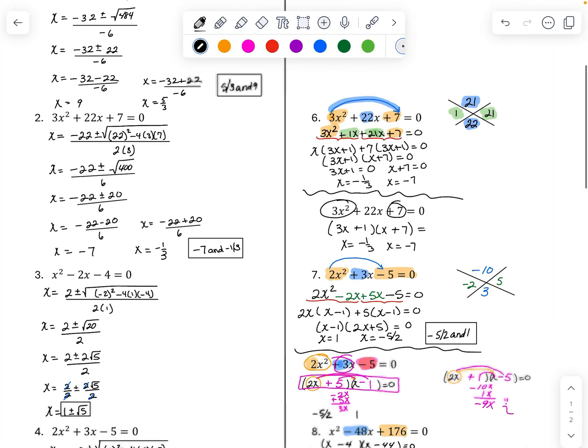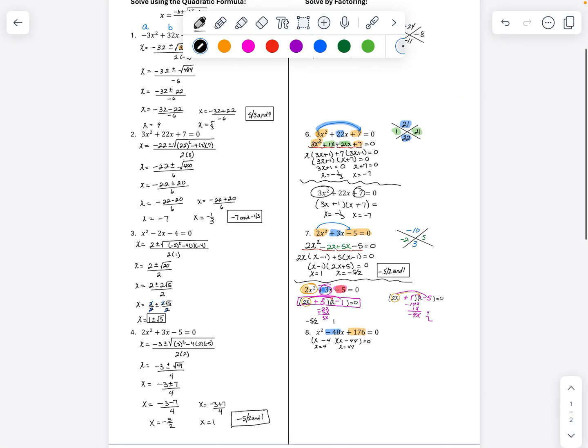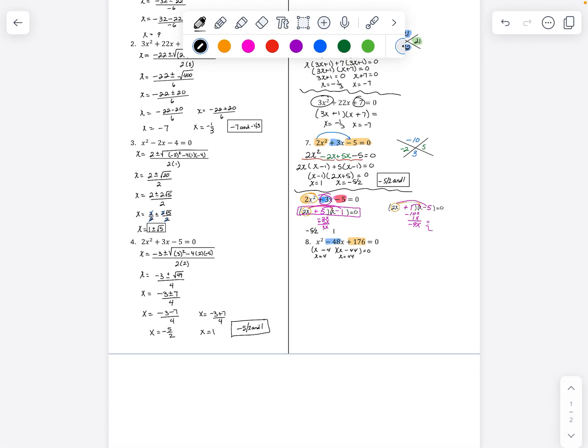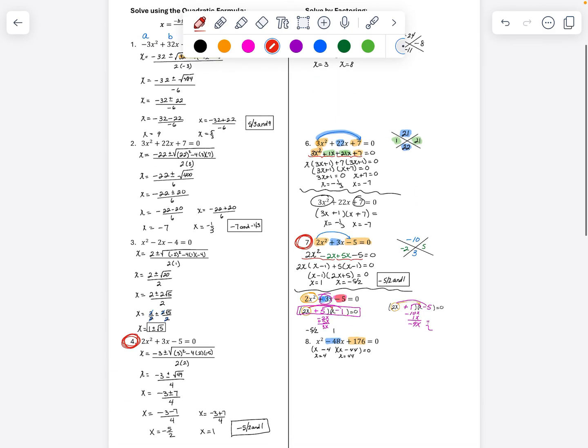Also notice, just for tickles and grins, that some of these are the same problems we did 2 different ways. For instance, number 4 and number 7 are the same problem. Notice we got the same answer. So it doesn't matter which way we did it. Did I do that again anywhere?